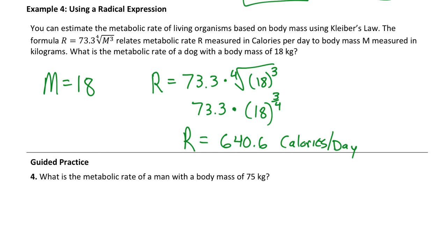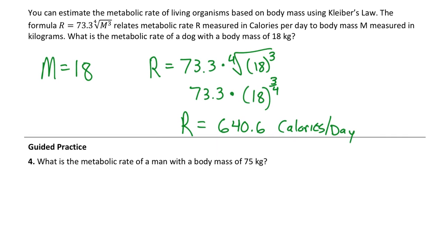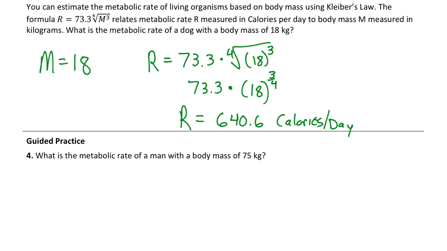So in the guided practice, I'm just going to kind of work through this one to save you a little bit of time. Guided practice number 4, we're doing the same expression, but we're given an animal, man, with a different mass, 75 kilograms. So the mass is now 75. So I'm essentially going to take the expression we wrote in the last example, 73.3, and we already know it's going to be 75 to the 3/4 power since we already converted it.